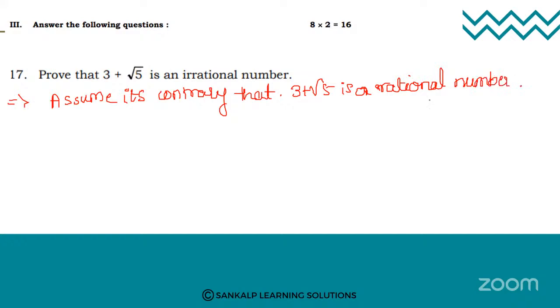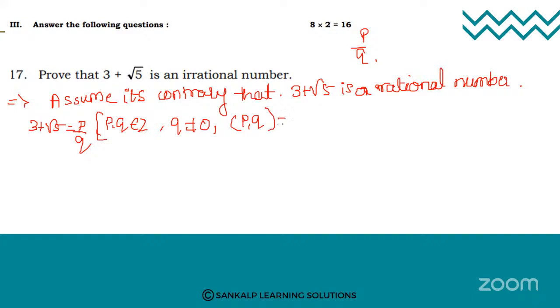So what is the condition for rational number? If the number is said to be rational number, then it is in the form of p by q, right? So now we are assuming that this is a rational number. That means this number is equal to p by q, where p and q belong to Z, that is integers, and q is not equal to 0. This condition is very, very important. And p and q are co-prime, that is they do not have any factors other than 1.